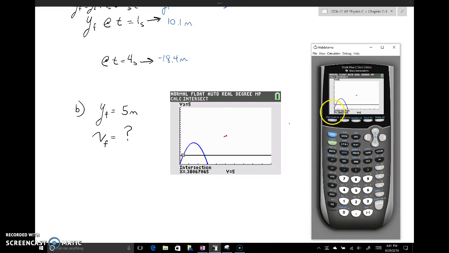So that time value is stored in x. So we could actually go back to our velocity function and put in x. That's going to evaluate the velocity function at the time that it's 5 meters in the air and give us a value of 11.27.